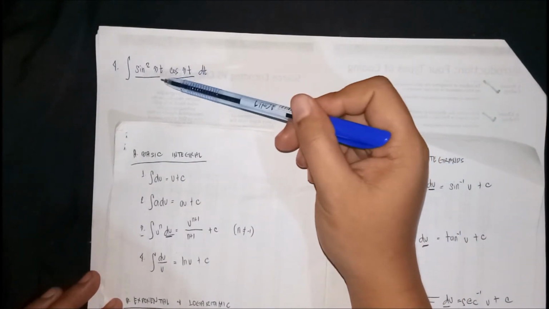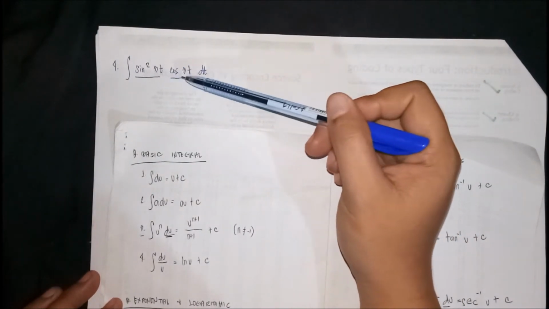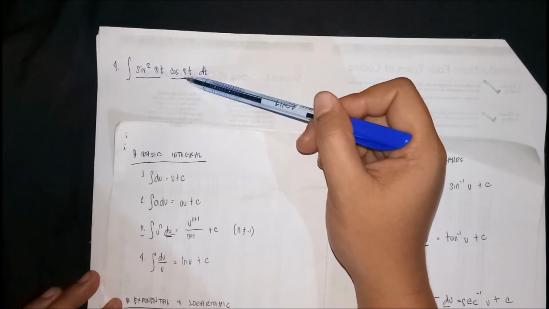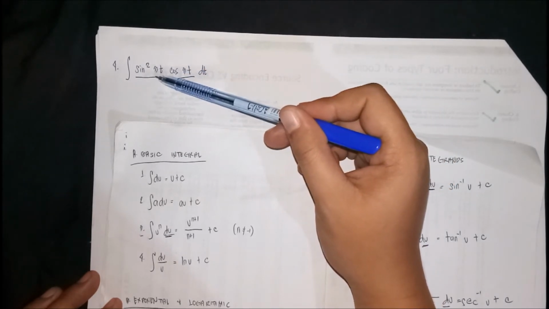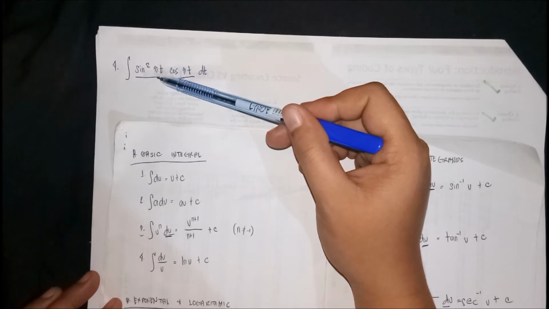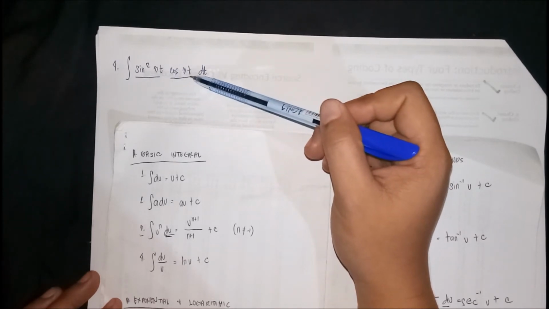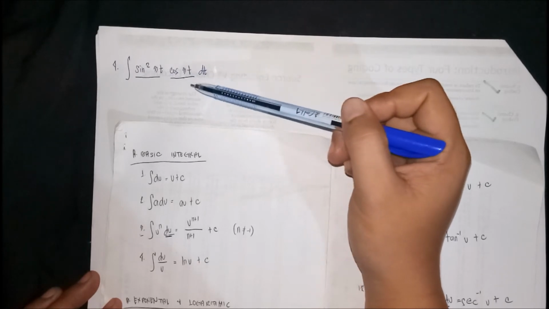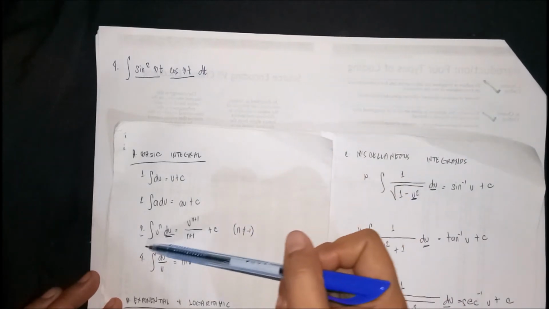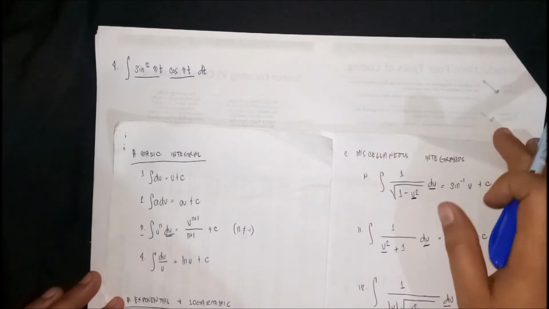So, pagka power formula, say for example, ito yung ating u, dapat yung du is andito sa katabi niya. Ano ba yung derivative ng u class? Ng sine. Derivative ng sine, di ba is cosine? Derivative ng sine is cosine 3t. Ito, di ba? So, more or less, pasok siya dito sa ating third formula or power formula. Okay? So, hindi na ako magpo-proceed sa aking integration by parts kasi mas simpler kasi ito class.